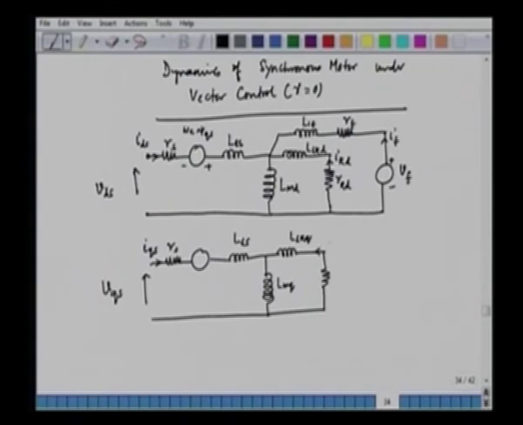This is our Q axis damper current IKQ, and this is RKQ, the resistance of the damper. All the parameters are referred to the primary side.